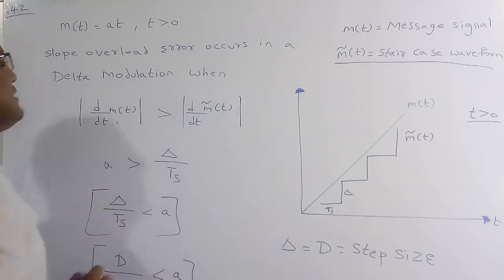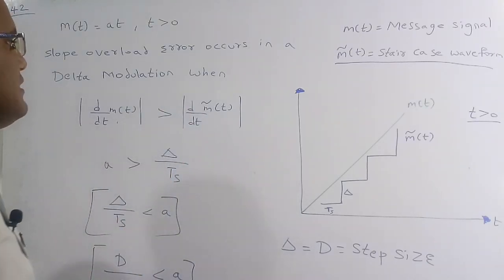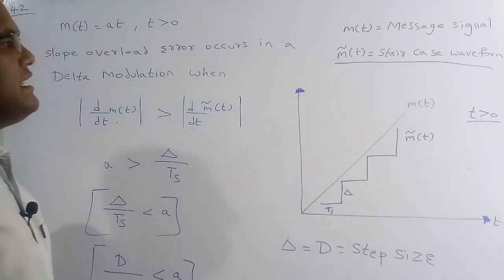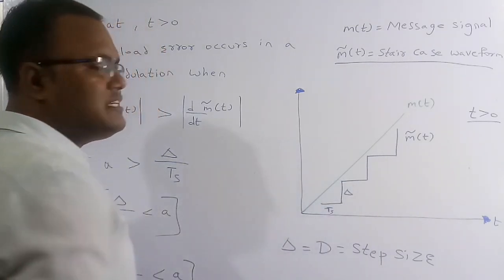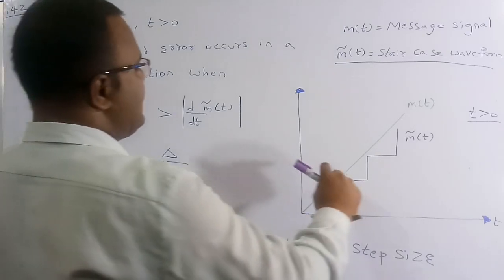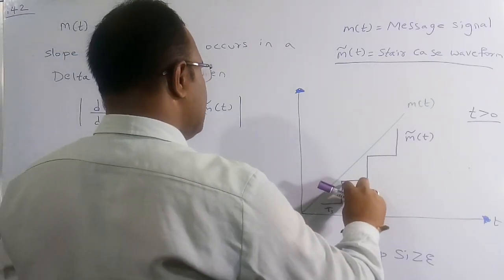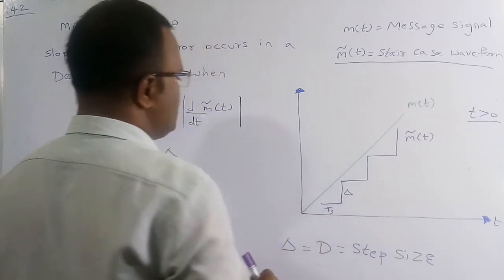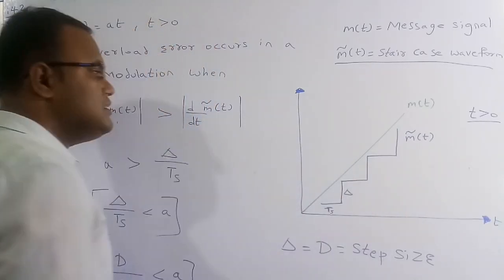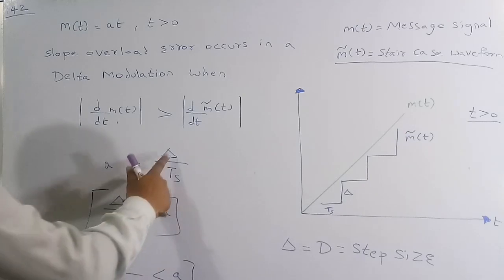Now I want to know the maximum positive value of the rate of change of the staircase waveform, so I want to know its slope. Slope is delta y by delta x, where delta y is the height, called delta, and the width is called Ts. So the slope of this staircase waveform is delta by Ts.